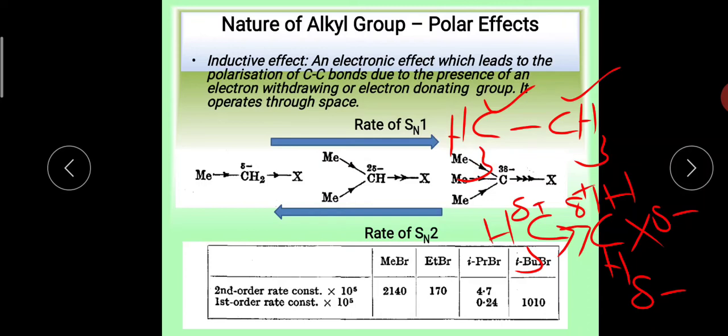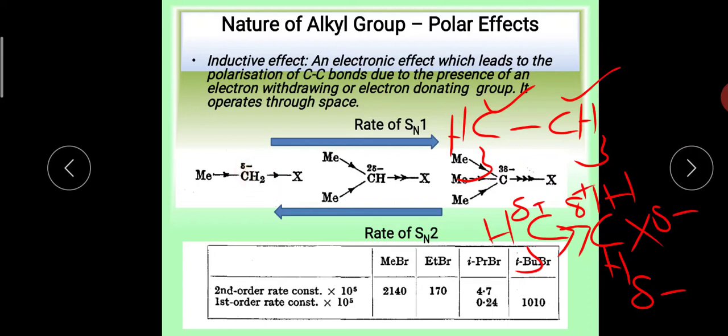Okay, and the opposite is true for your SN2 reaction, because in SN2 reaction, if there are a lot of methyl groups present, then the transition state becomes crowded. In fact, we are going to talk about that in steric factors also.